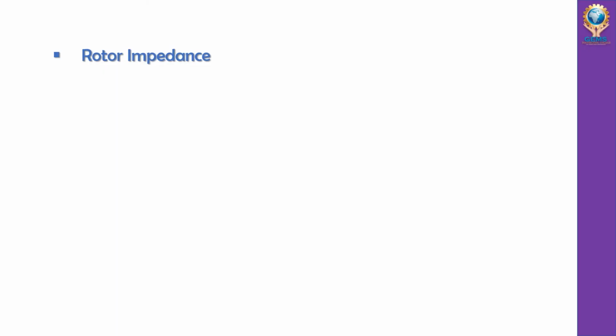Now we will see the rotor impedance. We know the impedance normally Z equal to root of R square plus X square. Here, Z2 equal to root of R2 square plus X2 square.